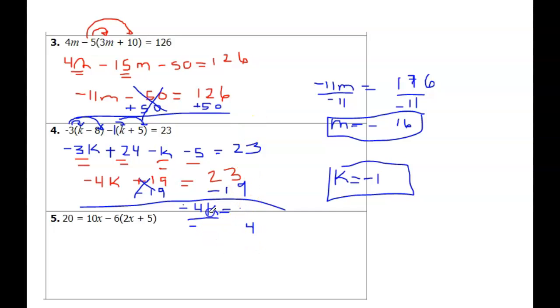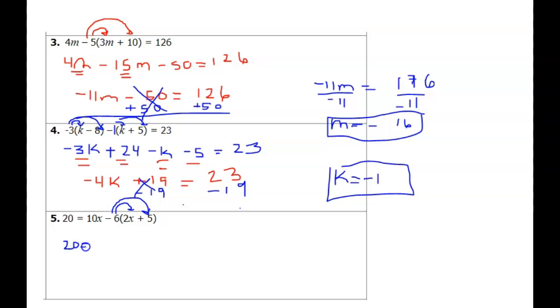Hey guys. Who haven't I talked to? Tia. Tia, what is my first step? What do I need to do first? Yeah, I need to distribute, okay? I'm going to distribute this negative 6 into the parentheses. So I'll bring my 20 down.